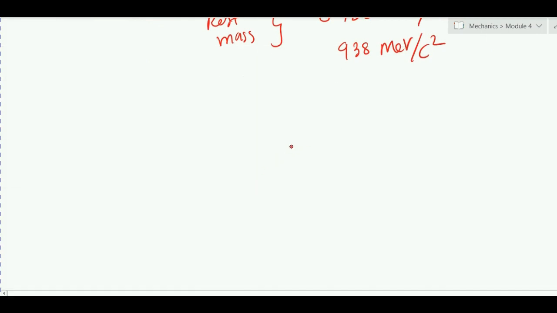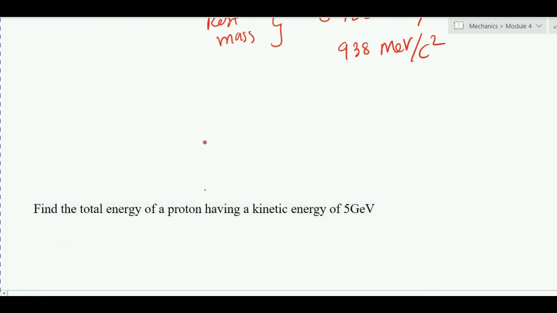Now let's go to see kinetic energy. Kinetic energy can also be expressed in terms of electron volt or mega electron volt or giga electron volt. We have an example here.